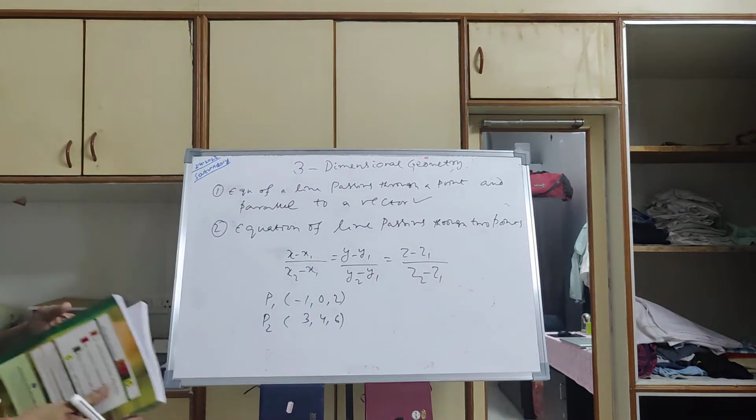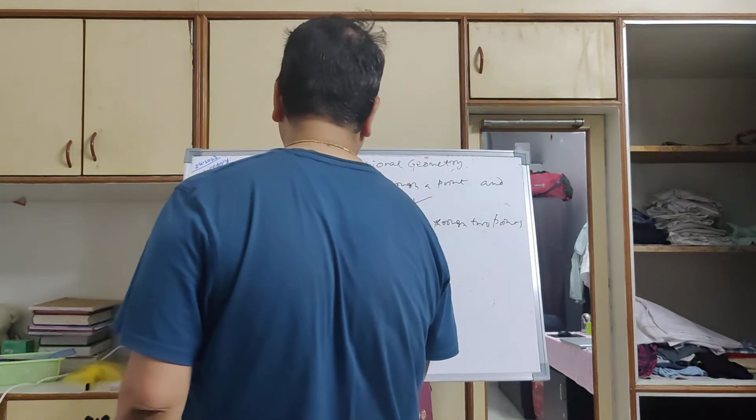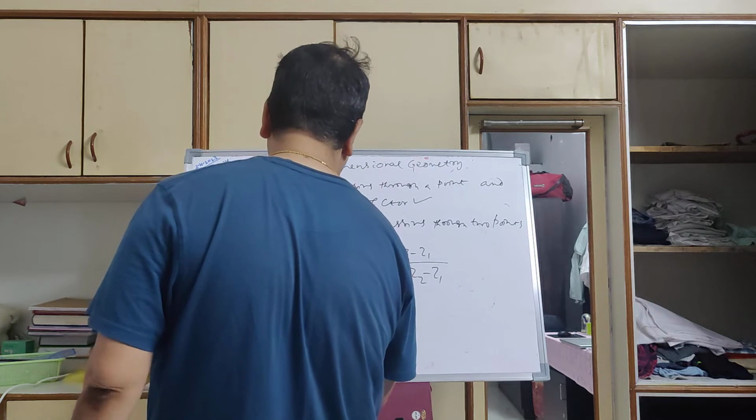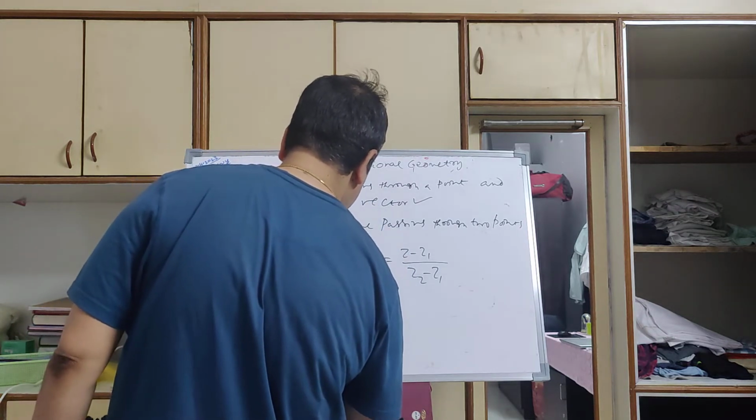So the question is, find the Cartesian equation of the line. This one is x1, this one is y1, this one is z1, this one is x2, this one is y2, this one is z2.